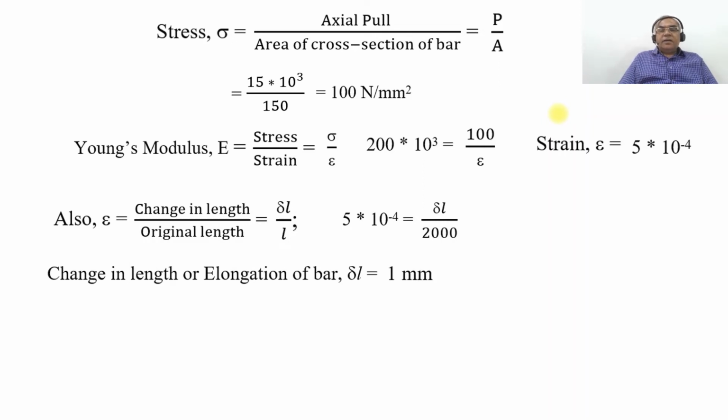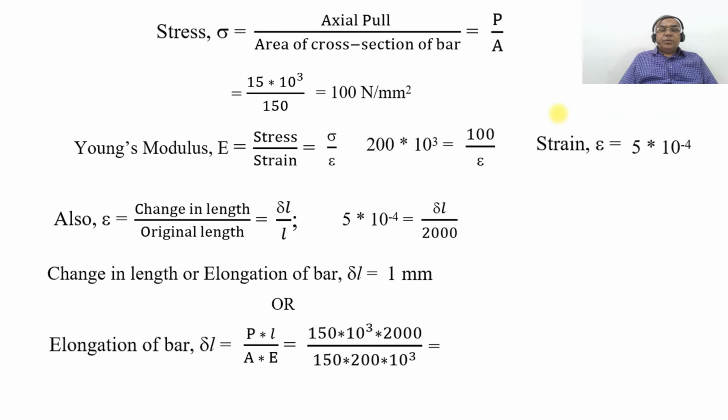But we have a shortcut method wherein the elongation of the bar is given by delta L, which is equal to capital P into L by capital A into capital E. So you know the value of P as 200 into 150 into 10 to the power of 3, and the length of the member as 2000 divided by the area of cross section, which is 150, into Young's modulus, 200 into 10 to the power of 3, which is equal to 1 mm.